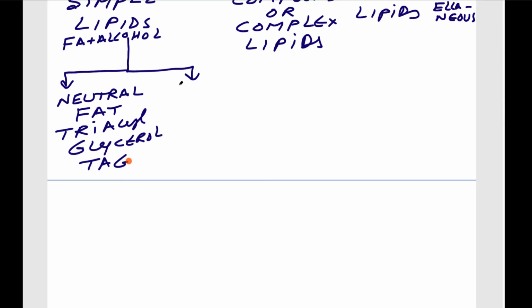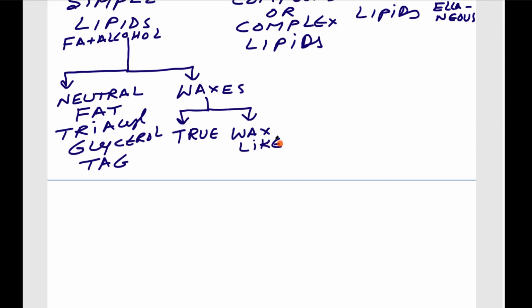The next one is waxes. In waxes, there is a long chain alcohol in combination with the fatty acid. The waxes we further classify into true waxes and wax-like substances. In true waxes, we have lanolin and beeswax.